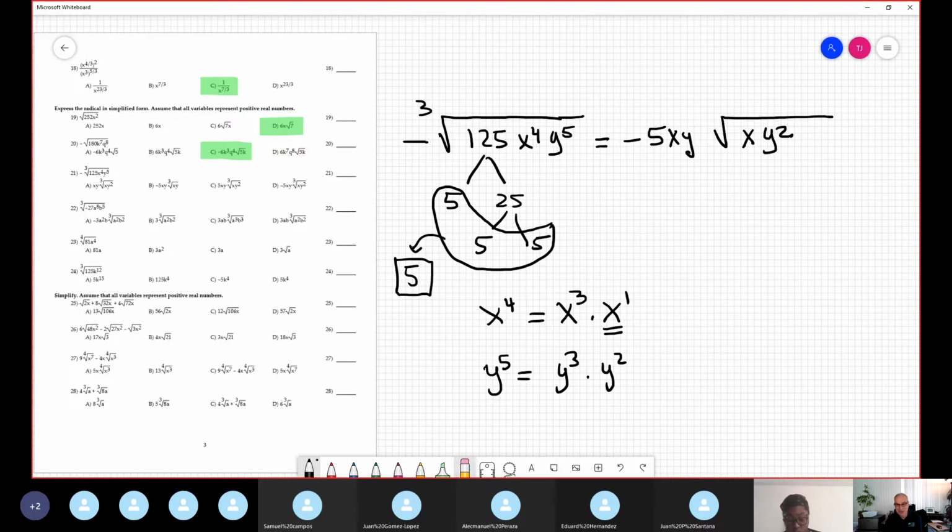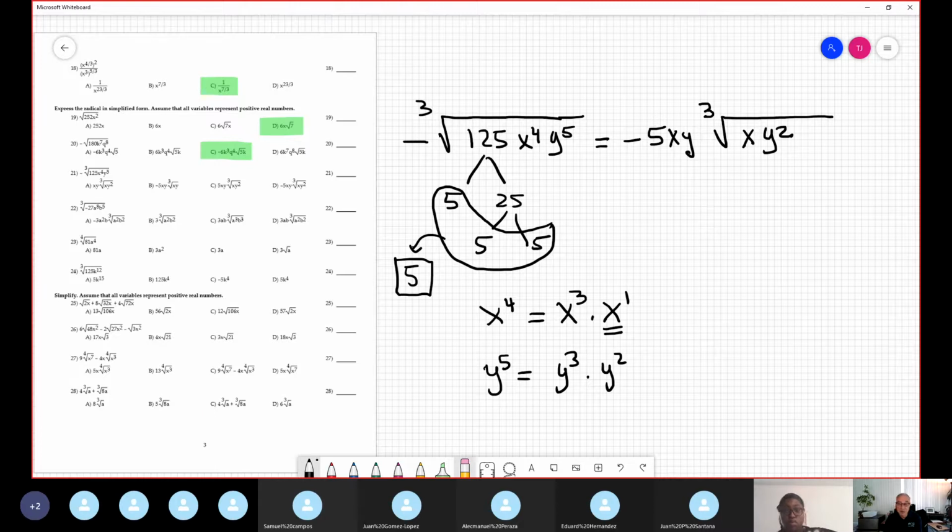It's important to understand, the power, the exponent, is smaller than, I forgot cubic root here, sorry. It's impossible to go outside. We can only simplify if the exponent is greater than or equal to the index of the radical. In this case, the index of the radical is 3 and the exponent is 5.